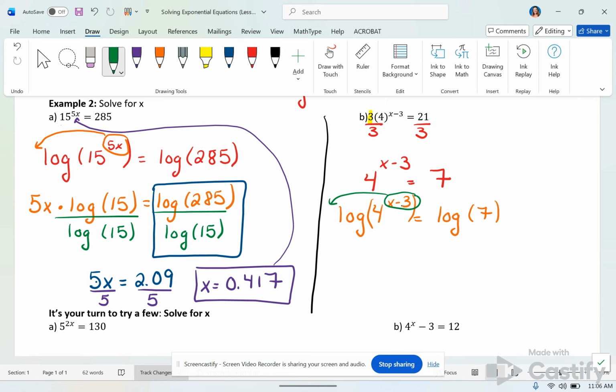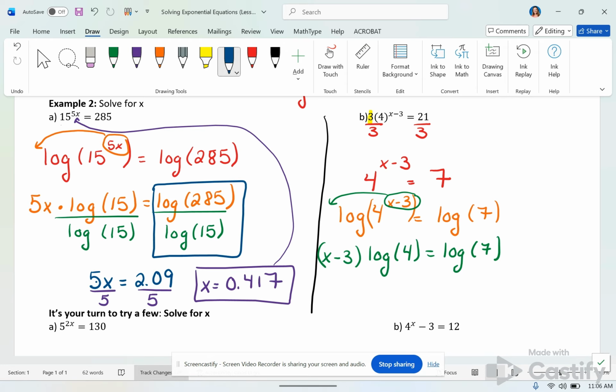Some of you might remember right away to bring that exponent out front. If you want to skip that orange step because you think you're going to run out of room, go ahead. I am okay with that. I do need to see the other steps though. I like to show it this way so I remember I'm using that property, but some of you will practice and say, I'm just going to pull that out front, and that's perfectly fine.